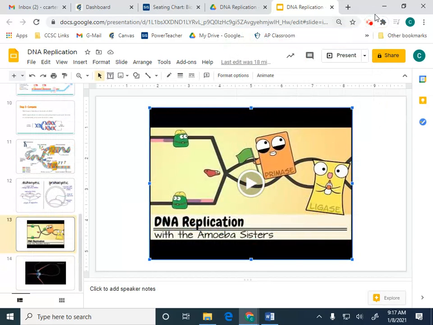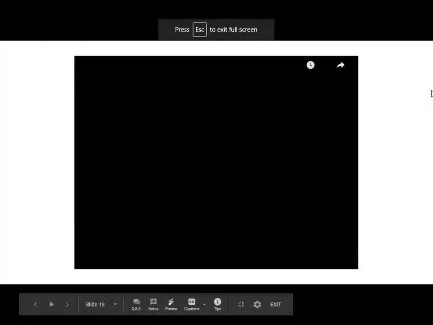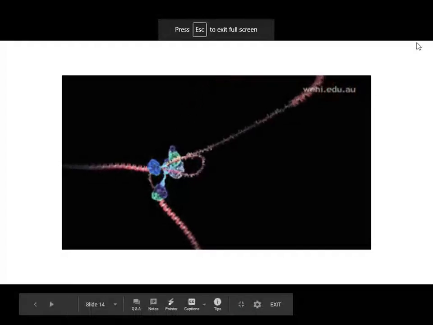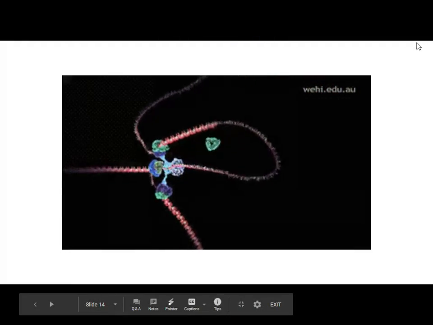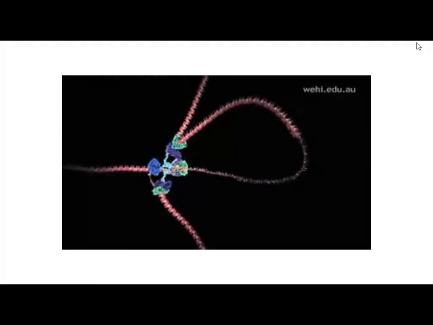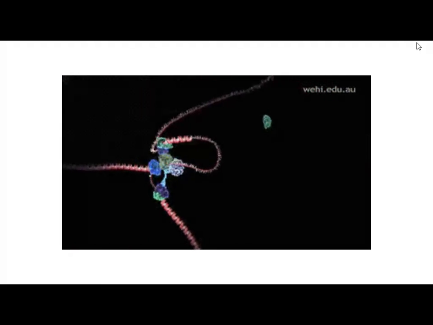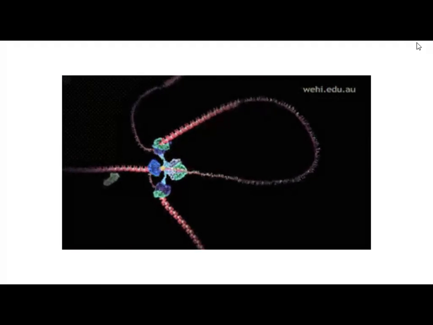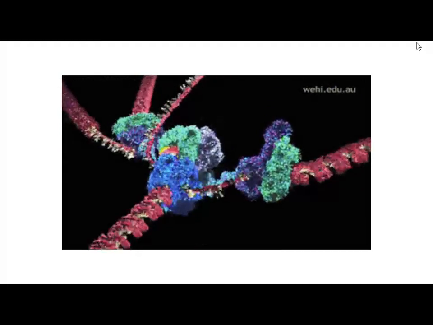Perfect. Okay. So I've got one last image for you before we get started. If we were to take a very, very powerful microscope, this is what we think we would see.